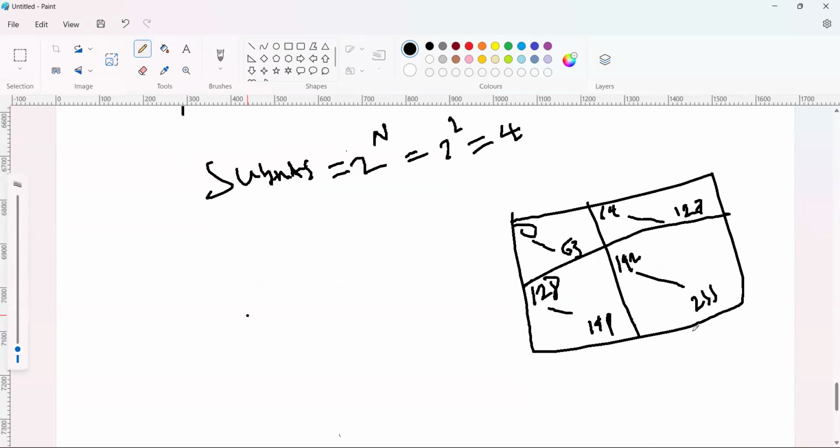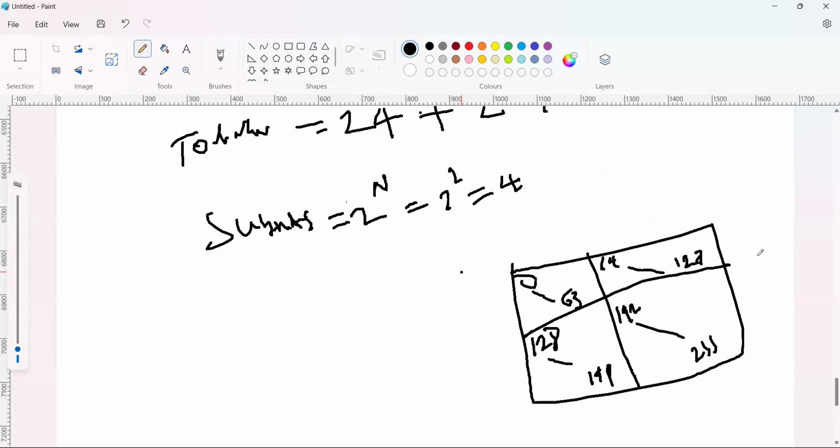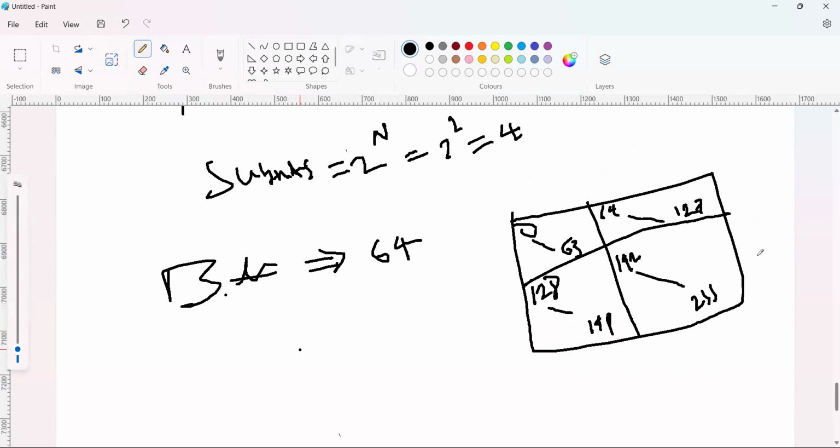Now move to how many IP addresses are there in this block. Block IP addresses means in this block how many IP addresses there are. That is actually 64 IP addresses. How did we get this? 2 power 6, that is 64.